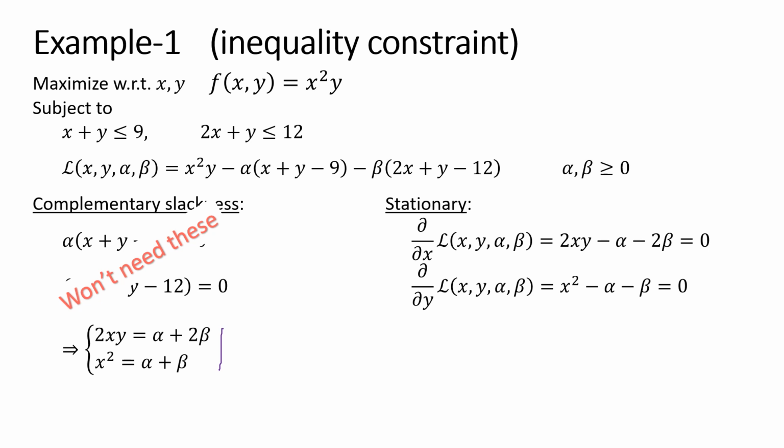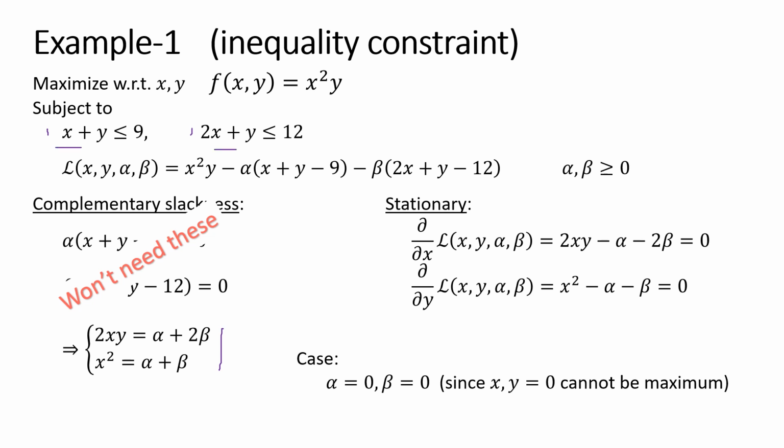Now there will be 4 cases since we have two inequality constraints. One of the cases will be alpha equals 0 and beta equals 0, when both these constraints are inactive. In that case, if we look at these two expressions, when alpha and beta are both zero, twice xy is 0 and x squared equals 0, which means that x equals 0.